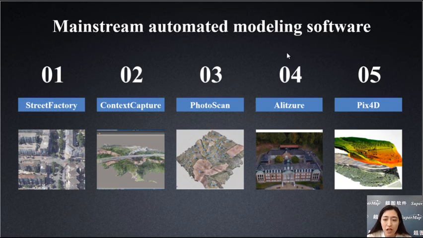Now, the more popular automatic modeling software for oblique photography are connected with the GIS platform of SuperMap. They include Street Factory, ContextCapture, PhotoScene, and so on.